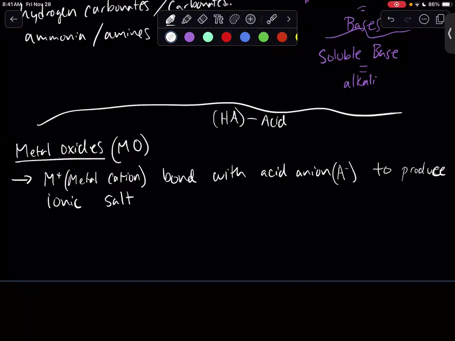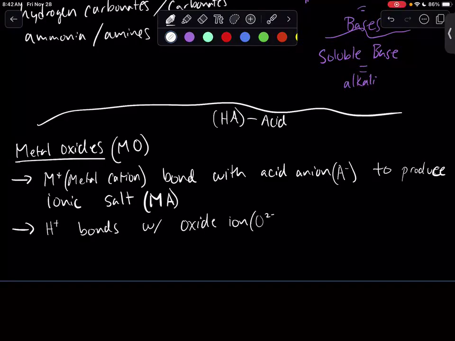So that's the first part of the reaction, and that will have the formula MA. The metal cation plus the acid anion will form MA. Now, on the other hand, we still have the hydrogen, so the hydrogen ion, H plus, bonds with oxide ion, O2 minus, and when it bonds with that oxide ion in a 2-to-1 ratio, we get H2O.